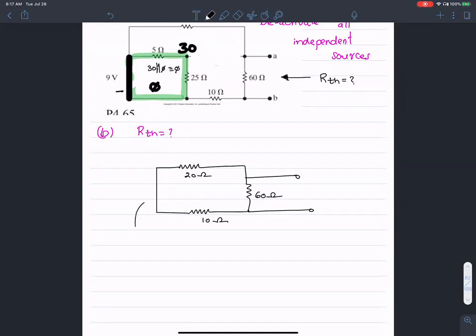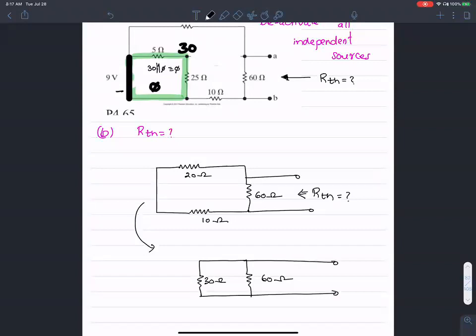Looking into this circuit, I find one resistance of 60 ohms and another of 30 ohms. What is the equivalent resistance looking into the circuit?